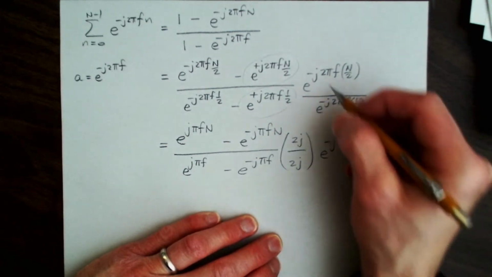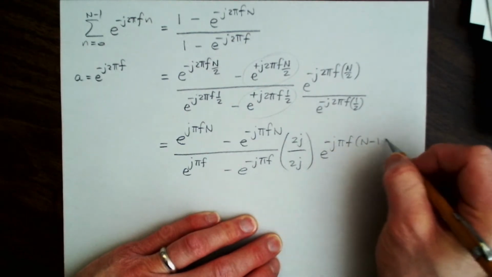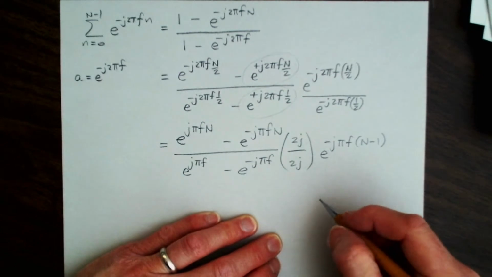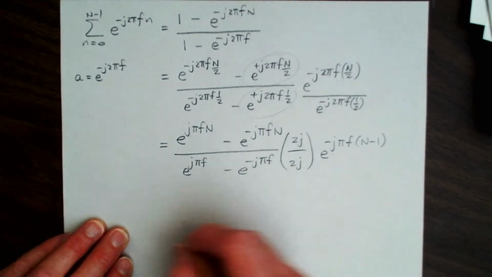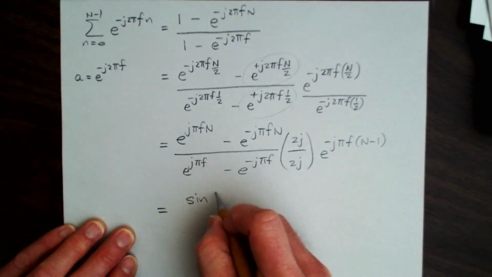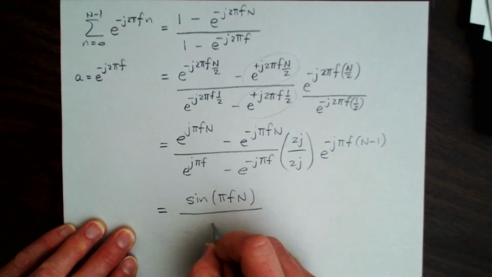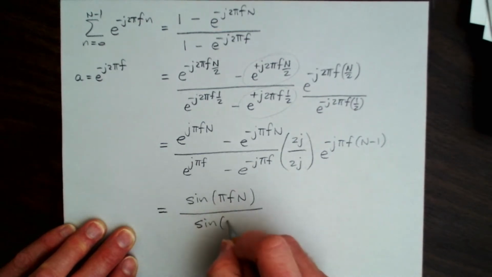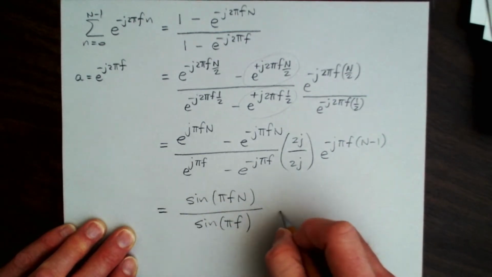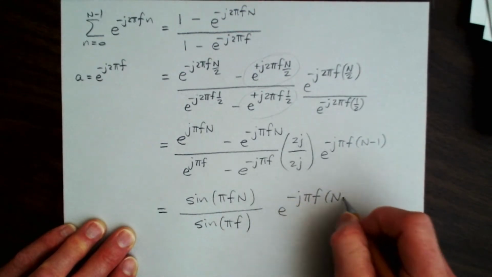We'll have, let's see, the 2's will cancel, pi f, and then I have n minus 1 if I combine the denominator exponent with the numerator. So finally, writing this out, I'll have sine of pi fn divided by sine of pi f e to the minus j pi f n minus 1.